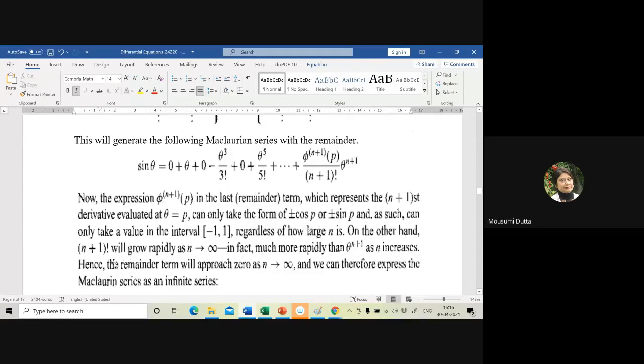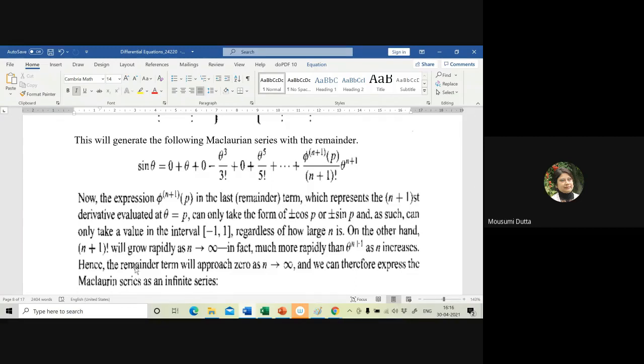On the other hand, n plus 1 factorial, which we have in the denominator, will grow rapidly as n tends to infinity. So in the remainder term, the numerator part will lie in between -1 to +1. However, the denominator will grow rapidly as n tends to infinity because it is n plus 1 factorial.